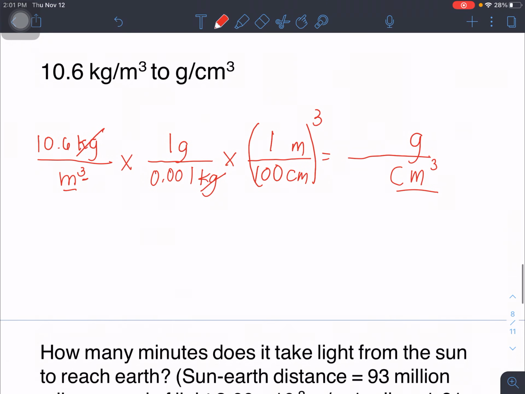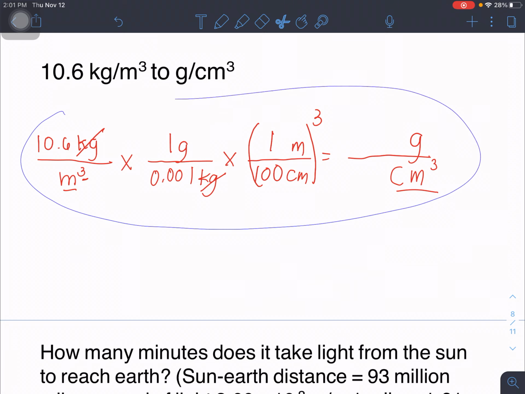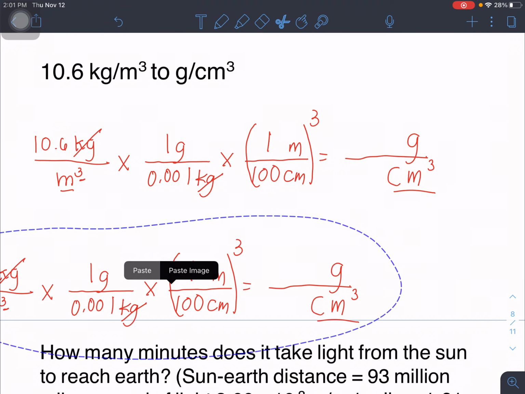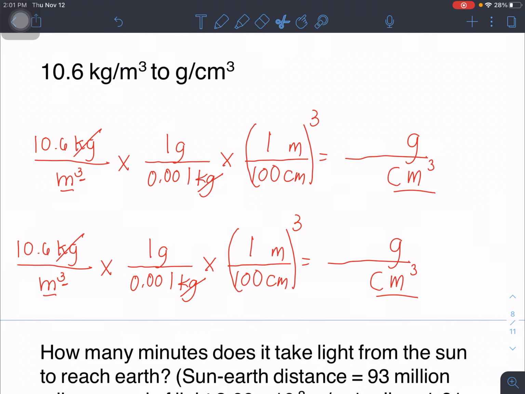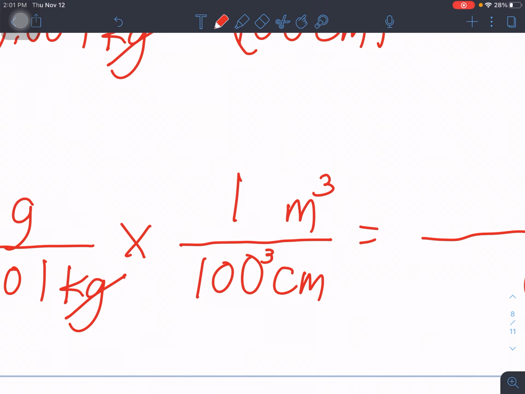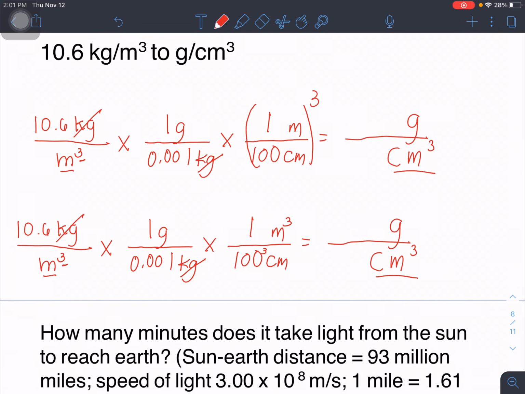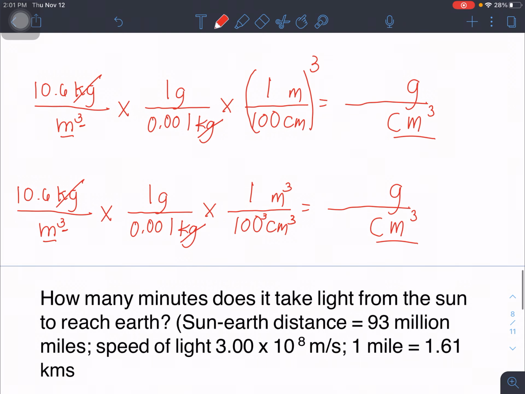So we could transform this one to cubic centimeter, wherein we will be having 1 cubic meter equal to 100 raised to cube, and cm will be also raised to cube. So 100 cubic centimeter. Okay, so cancel the similar units, will be meter cube and meter cube. The remaining units will be gram and cubic centimeter.